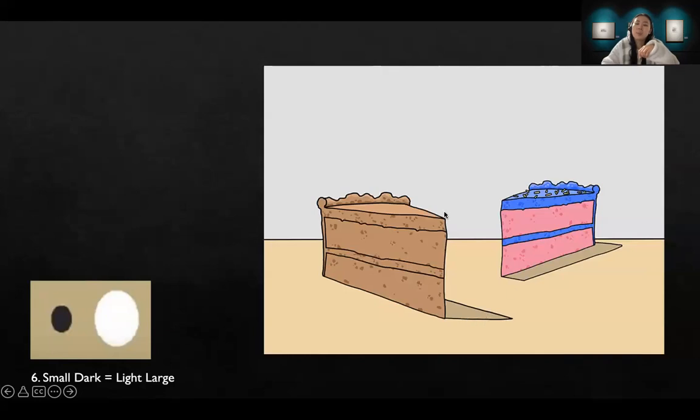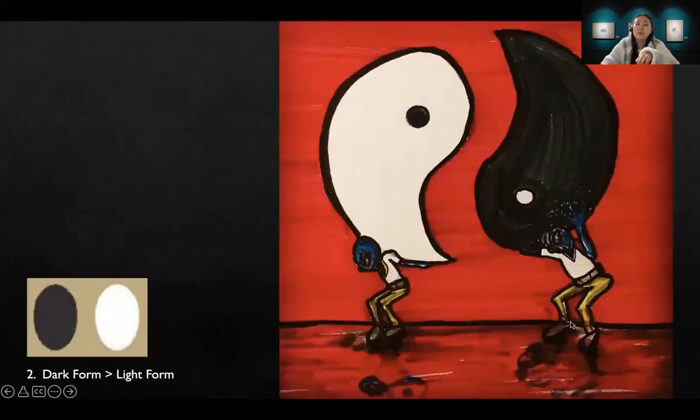Oh, this is one of my favorites. So you can just make it like this, very simple. This colorful part can be the small dark form, and the rest, the saturated color of the piece of cake, can be the large light one. And this is a yin yang drawing.